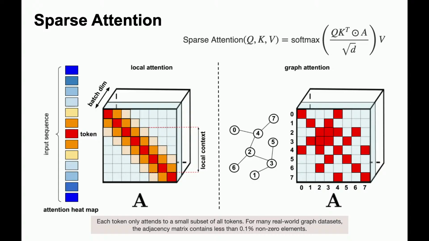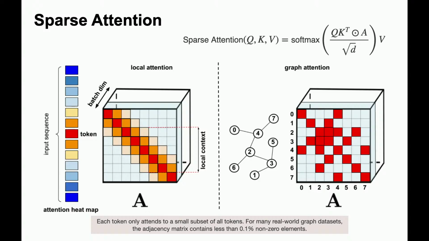But you could also have other sparse patterns that are dynamic. So instead of picking just a sliding window, I could pick the top k scores, and you would end up with something that looks more like the matrix on the right. And this is also what graph attention looks like. In the case of graph attention, your A matrix is essentially the adjacency of the graph.